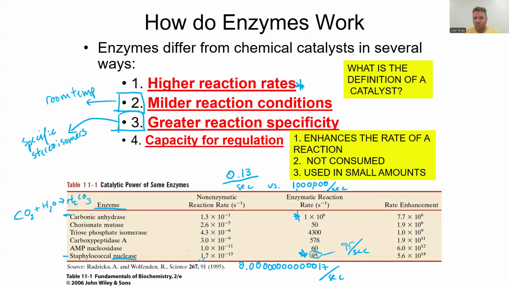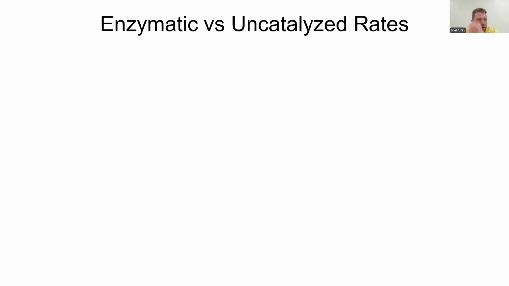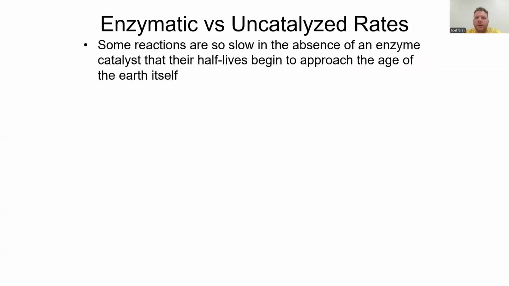What we want to do is compare the non-enzyme catalyzed reaction to the enzyme catalyzed reaction. And we get a rate enhancement of 5.6 times 10 to the 14th. So it's that much faster than without the enzyme present.